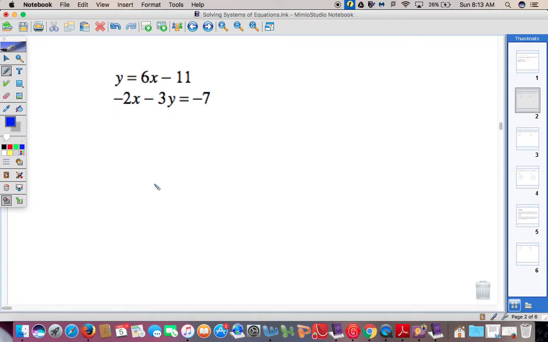Because I have one equation given in terms of y, I'm just going to substitute this expression, because I know y equals 6x minus 11, in for y.